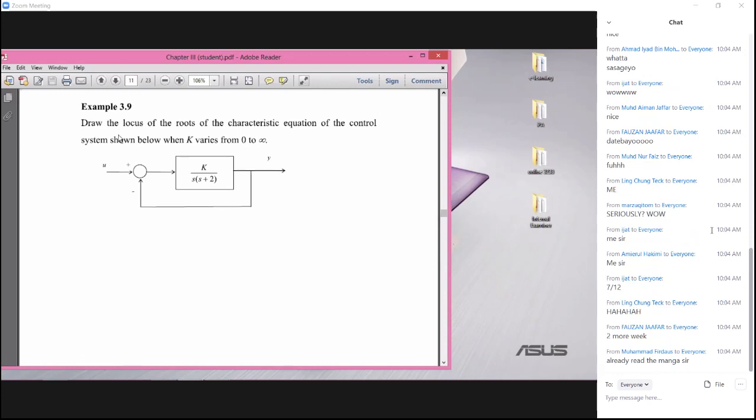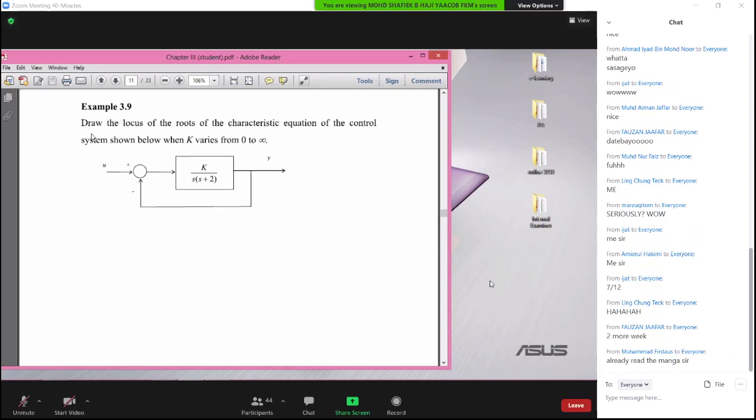Here it says draw the locus of the roots of the characteristic equation of the control system shown below when k varies from 0 to infinity. This is a second order system. We want to trace out the location of the roots when k varies from 0 to infinity.